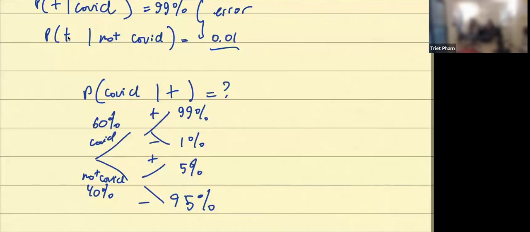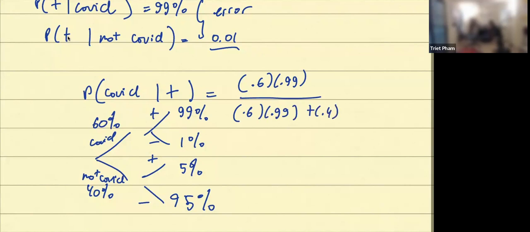So here, in terms of the numbers I'm putting on, the probability of COVID given positive would be the relative ratio of this branch over the sum of the two branches that have positive. So it's 0.6 times 0.99 divided by 0.6 times 0.99 plus 0.4 times 0.05.